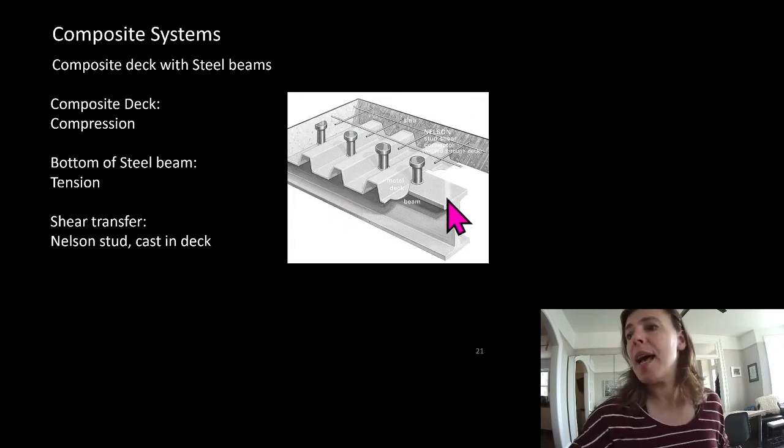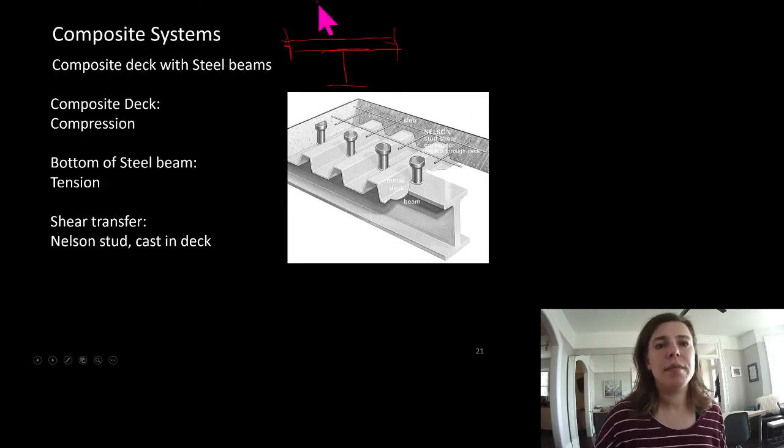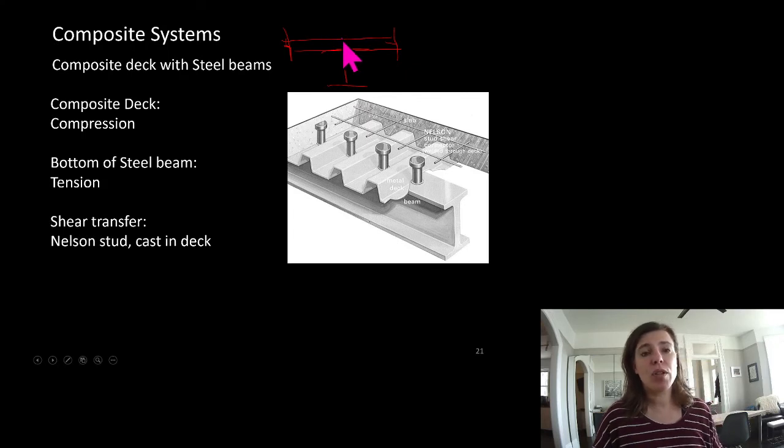So what we end up with is, instead of just a steel beam with deck applying load, a steel beam that looks like this with concrete up here at the top doing a big chunk of the compression job.